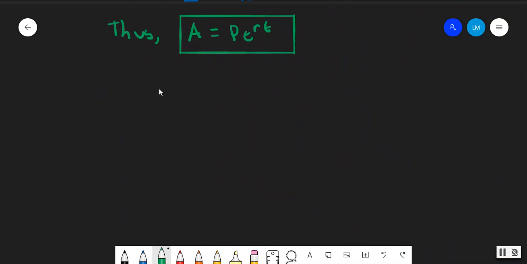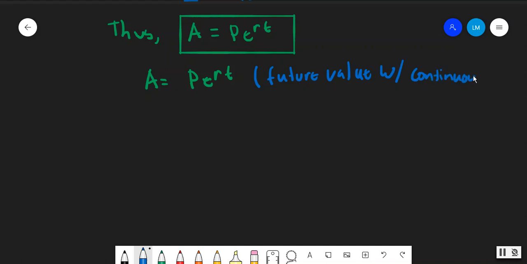So A is equal to P e^(rt), the future value with continuous compound interest. Most of the time, you have to look for the words continuous compound interest for these types of problems.